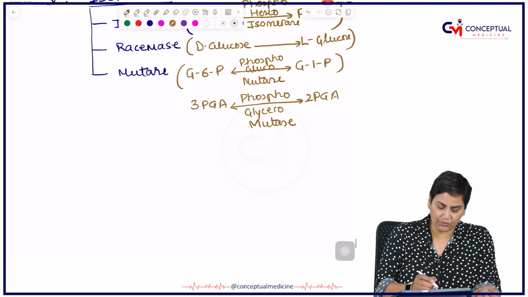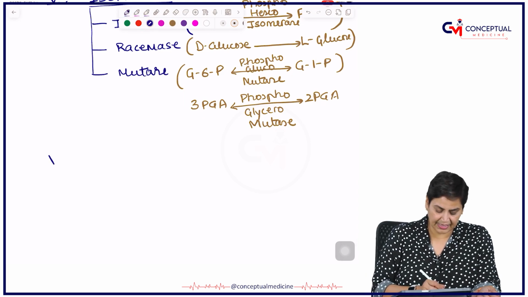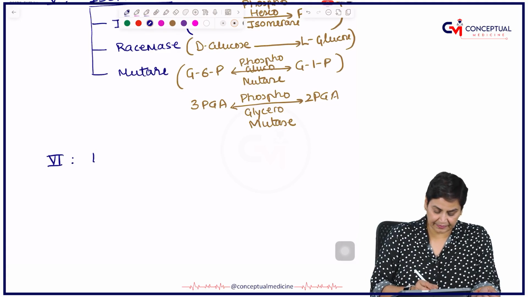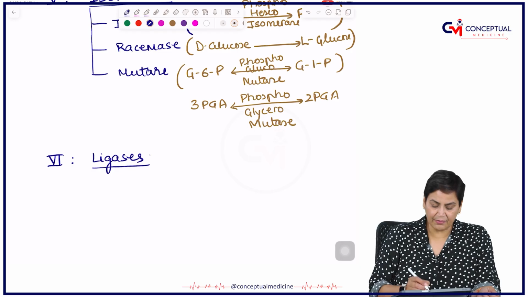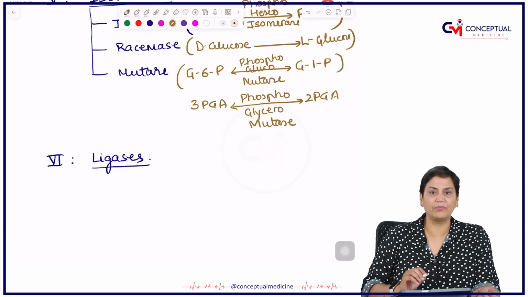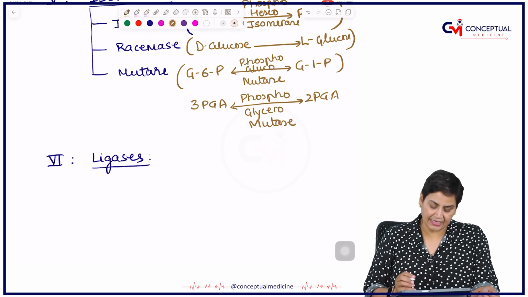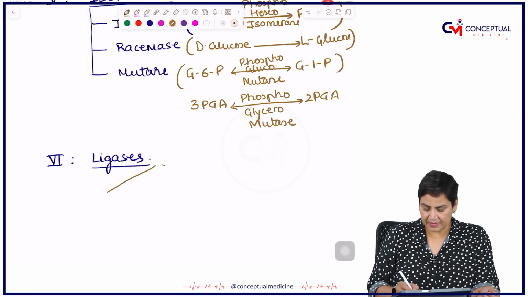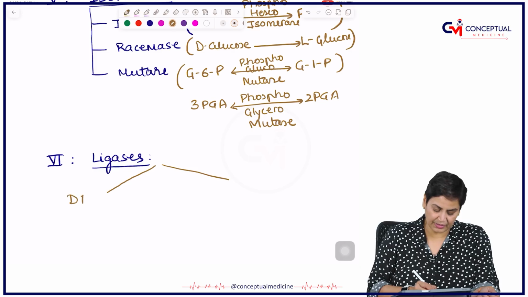After this, we come over to class 6, which is ligases. Now ligate means to synthesize something, to form something. And here I can say the most appropriate example would be DNA ligase, which we've been studying for so many years, which is also known as the glue of DNA.